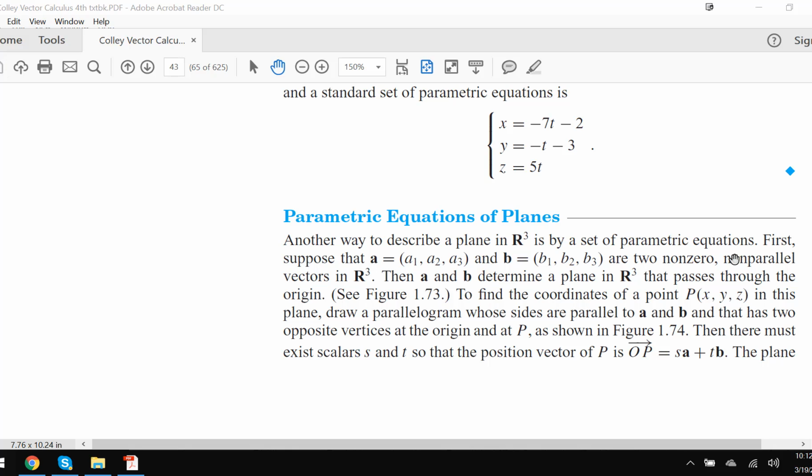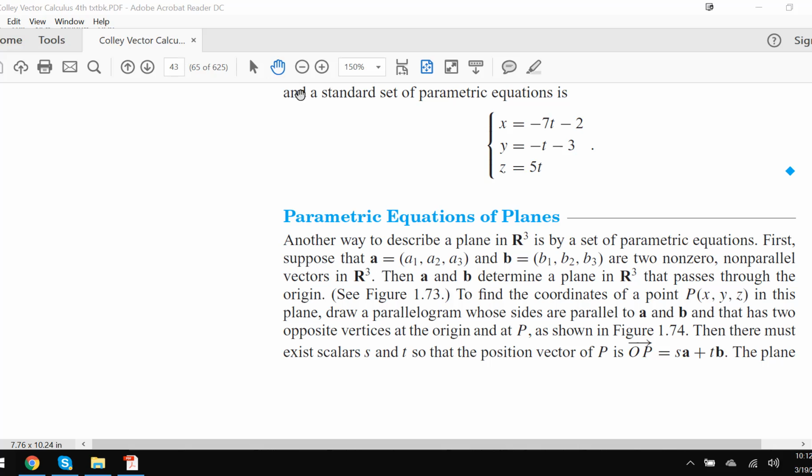I'm wondering why it has to be non-parallel. It seems like if they're parallel, they still determine the plane, but I'm not sure. Anyway, we're assuming they're non-parallel. Then A and B determine a plane in R3 that passes through the origin.